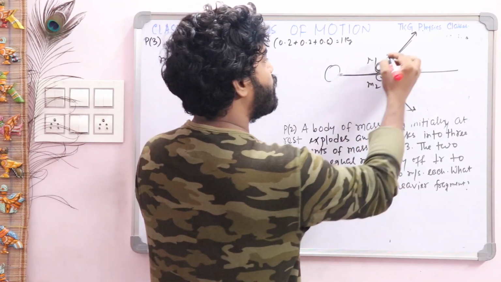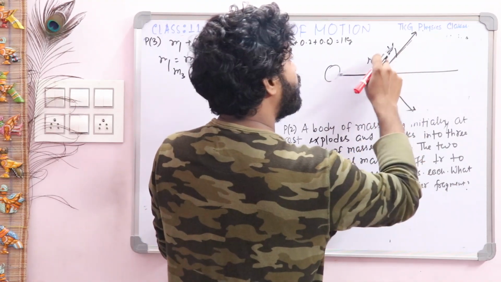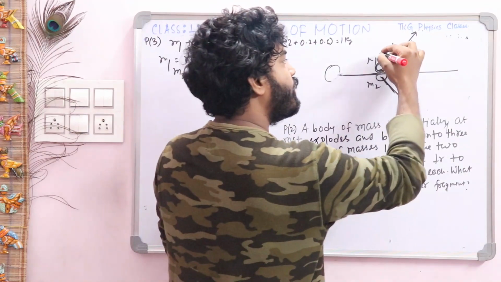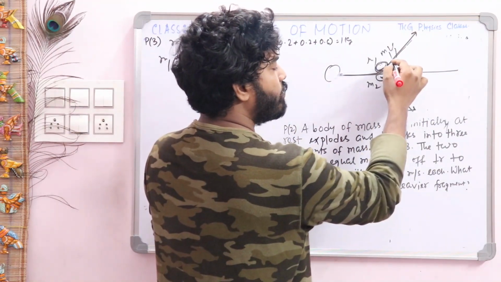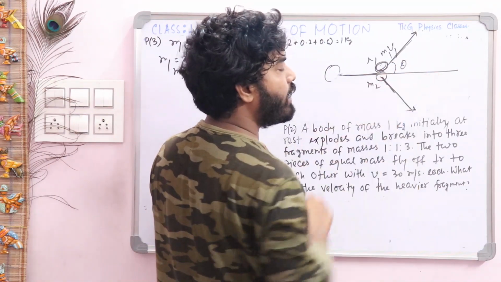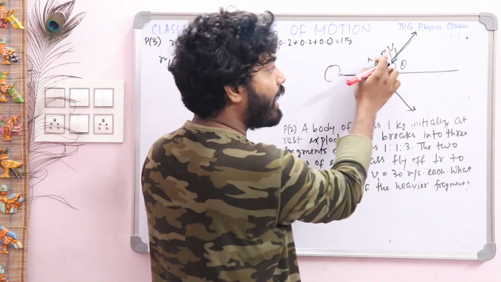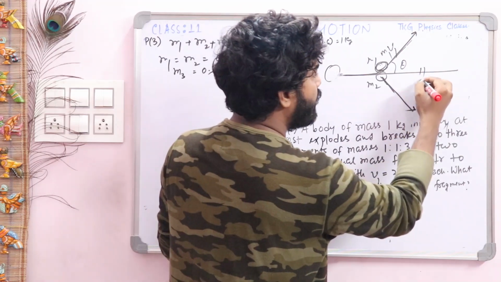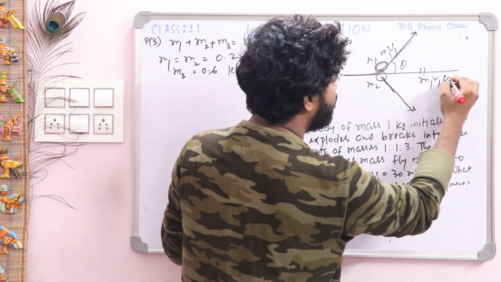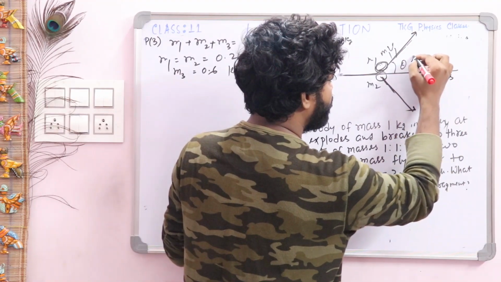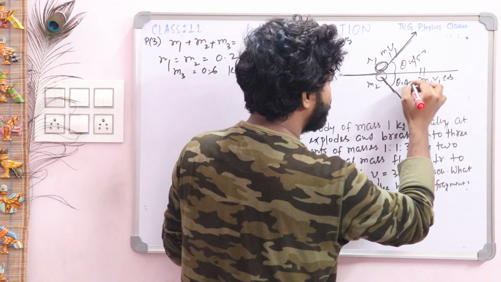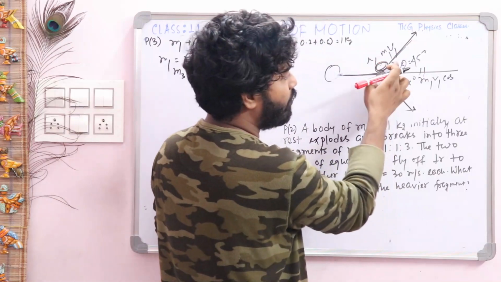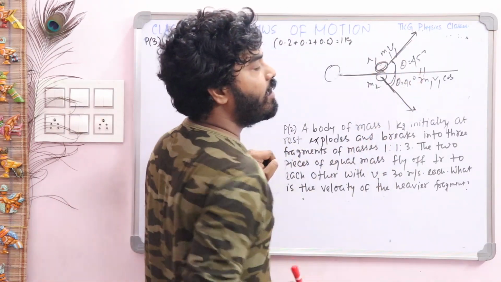Okay, suppose this one is v1, moving with velocity v1 in that direction, so the momentum will be m1 v1 in that direction. Suppose this makes an angle theta with the horizontal line, so m1 v1 has two components. This angle is 45 obviously, and this angle is also 45, that's why both are perpendicular, 45 plus 45, total angle 90.